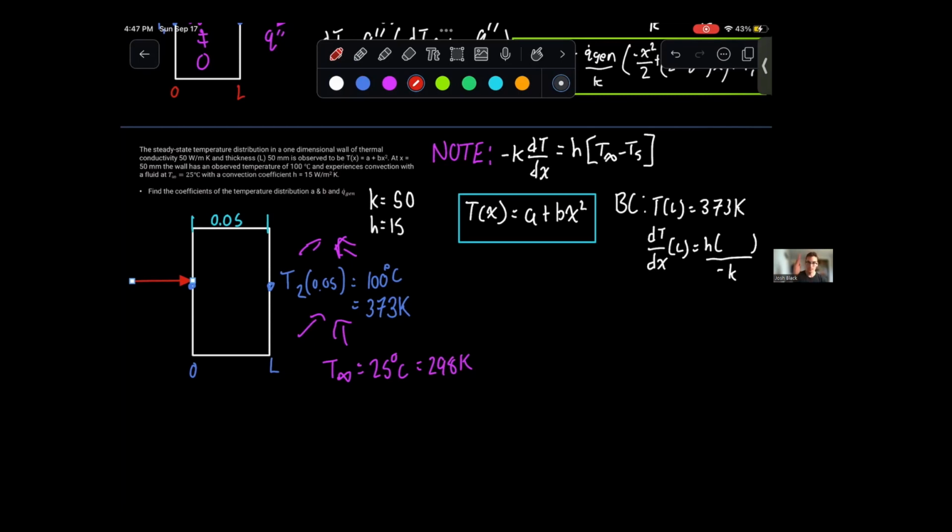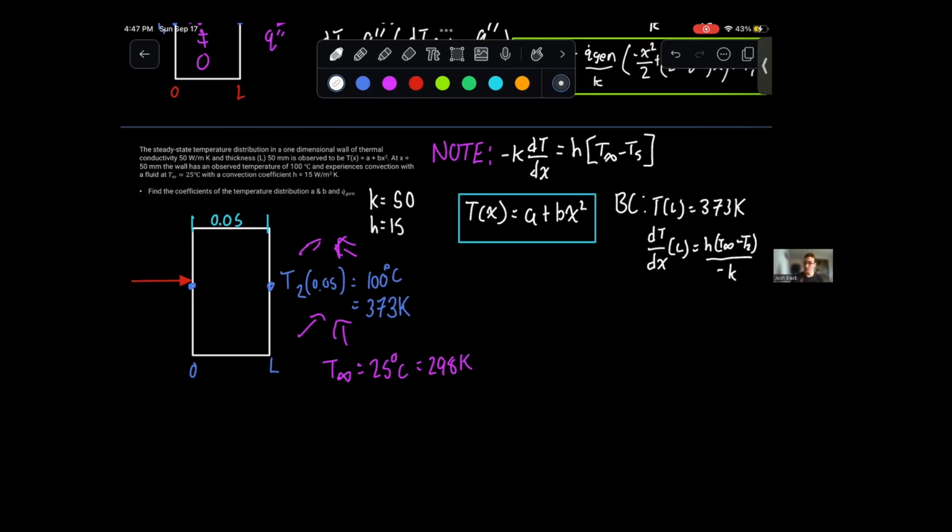I also know that T infinity is the outside layer of my brick or my wall, let's say. And the temperature at T infinity is cooler than my temperature where T2 is 100 degrees C. So I'm going to say the change in temperature is T infinity minus T2. That'll give me a negative number. I'll divide it by a negative number, giving me a positive. Cool? Cool.